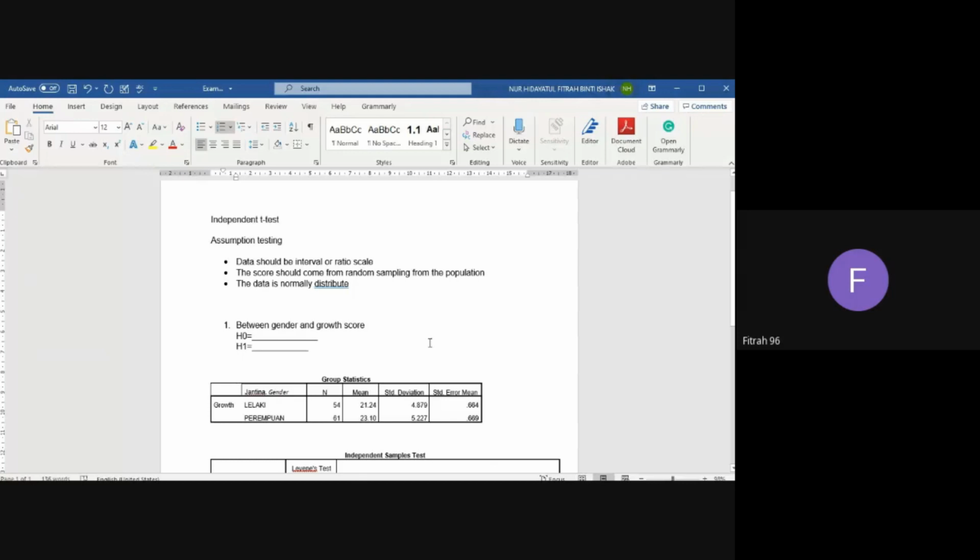So, bila you dah buat independent test, Pearson or correlation, you must remember that you can use the same variable but you cannot repeat the same pair for another test. Okay, maksudnya you dah guna gender dan growth untuk independent test, you cannot repeat gender and growth dekat Anova.